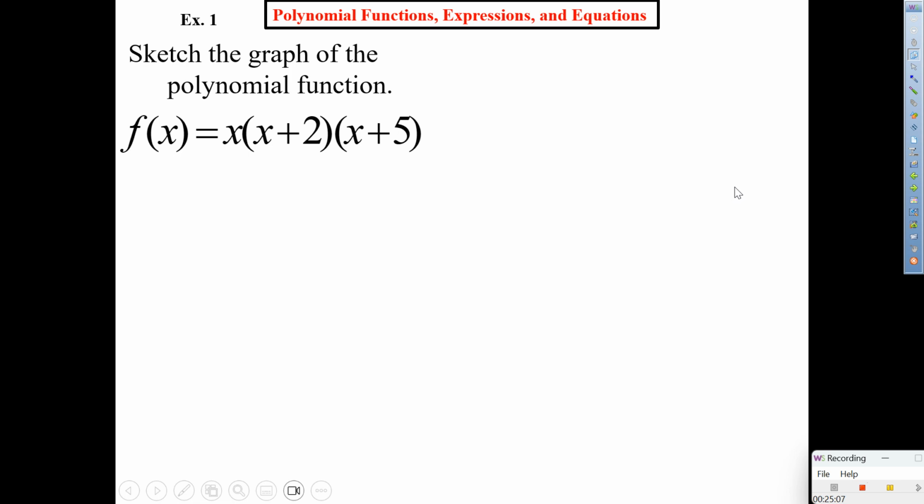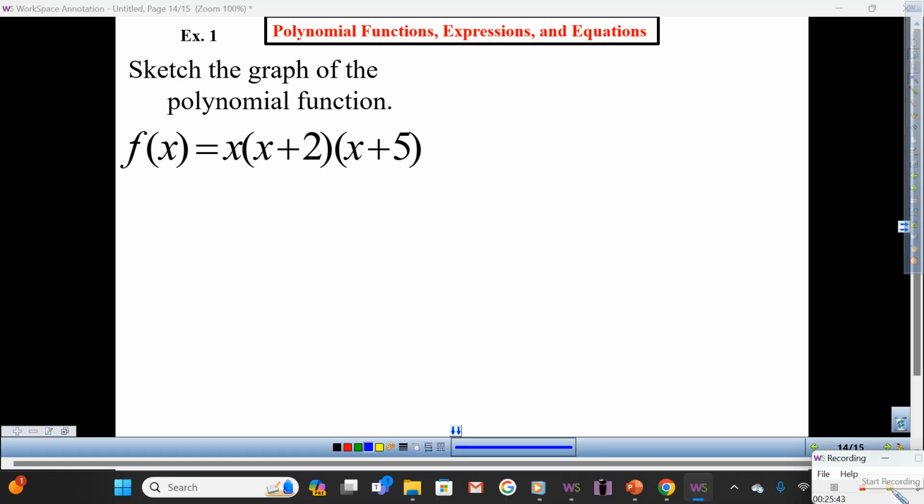You all right over there, Danny? Okay. Step 1, set it equal to 0. So set that equal to 0, x plus 2, x plus 5.